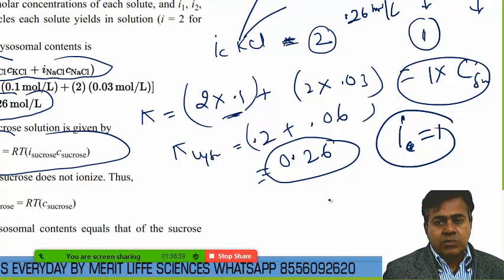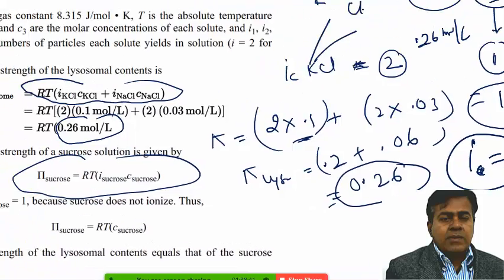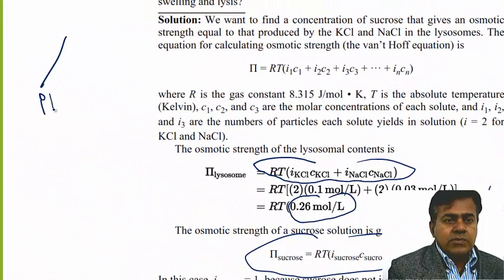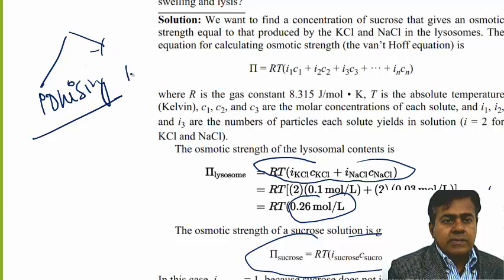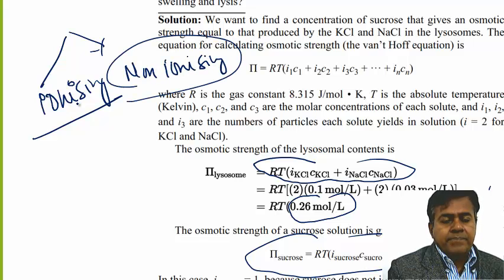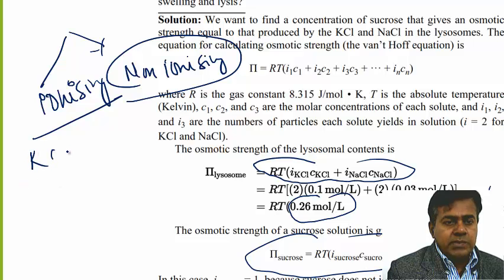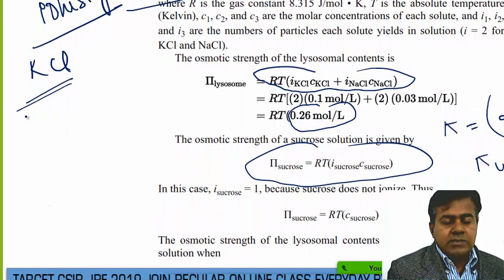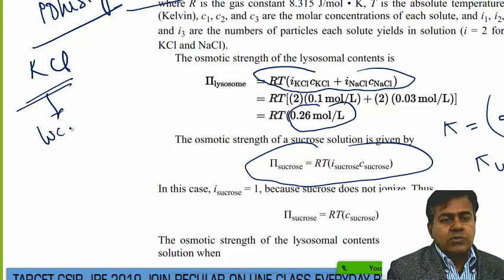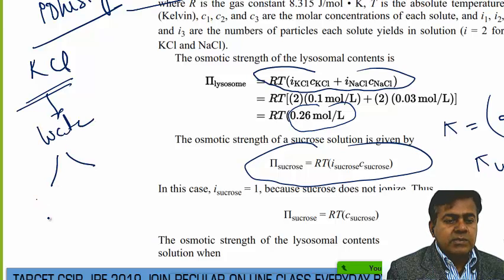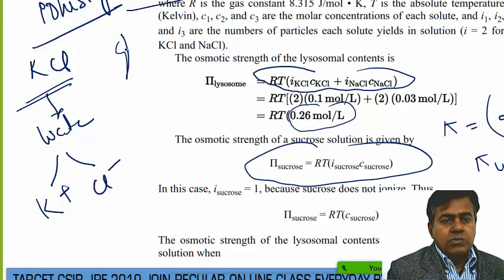So there are two kinds of solutes. One is ionizing and the other is non-ionizing. Ionizing solute means KCl. Why am I saying this is an ionizing solute? When you dissolve it in water, it ionizes into 2 parts. But when we dissolve glucose in water, how many ions are you expecting?